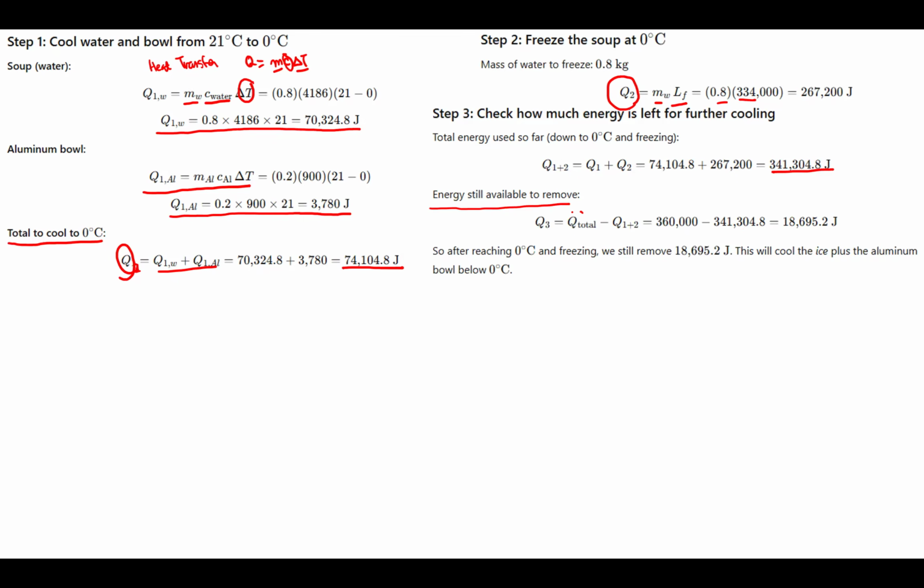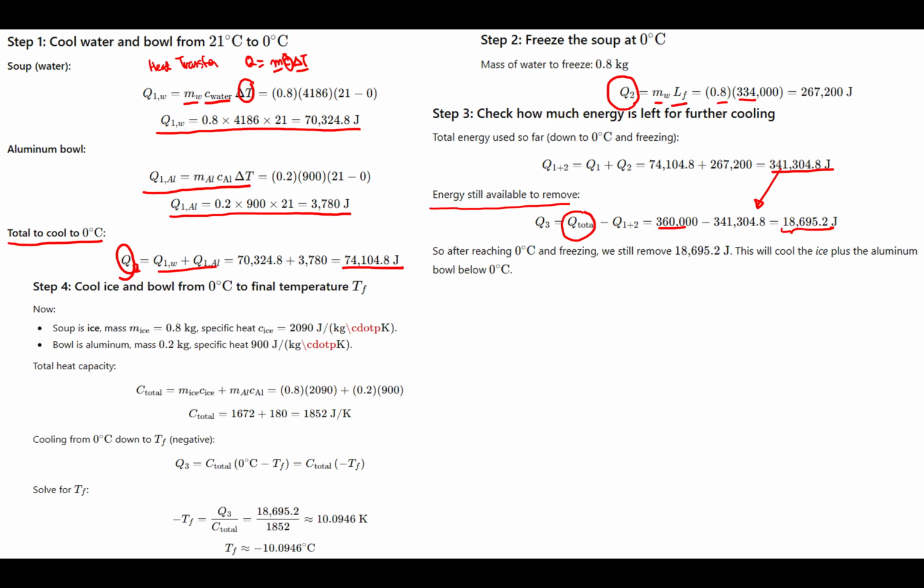Q total is given as this, and we have used this one, so this much heat can be further removed. That means now it is ice and aluminum, not water and aluminum, that will further cool down.